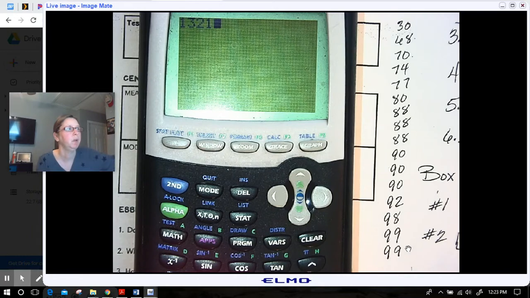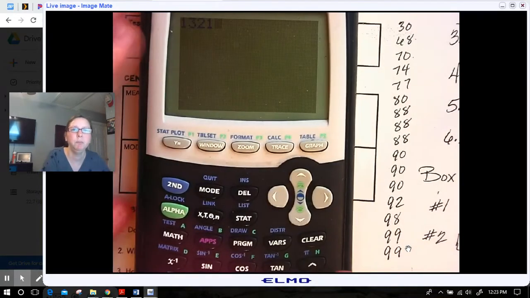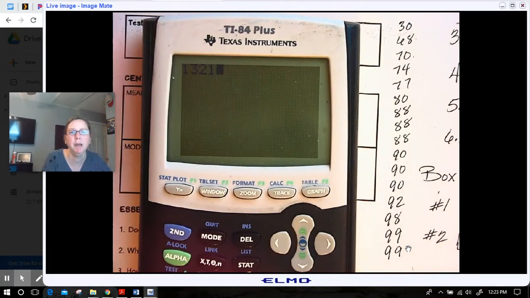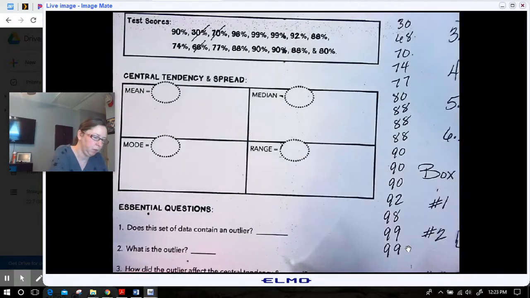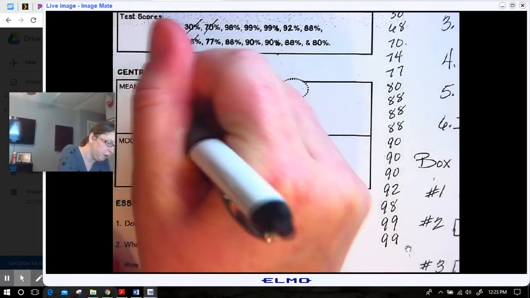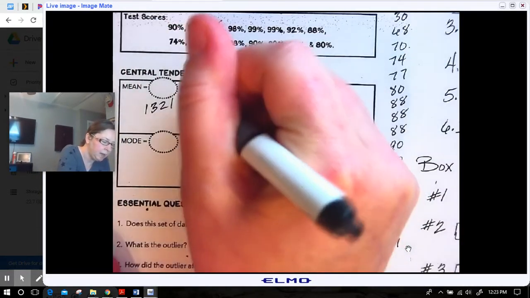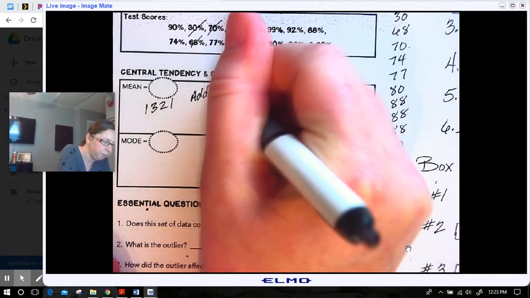All right, maybe that helps, not very much. Okay, so that's going to be the number that we get. So let's go ahead and write this down. 1,321 when we added all the numbers.